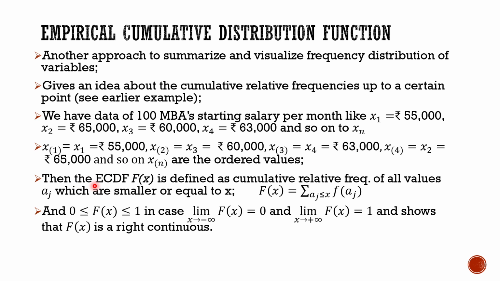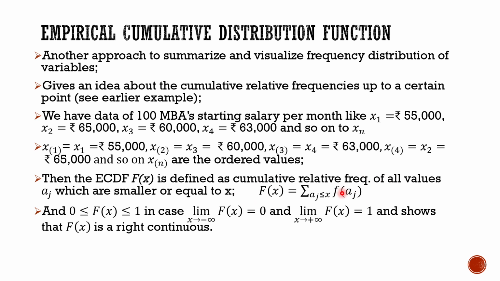Then what would be the ECDF? You can define F(x) as the cumulative relative frequency of all values aj which are smaller than or equal to x. So F(x) would be defined using this.